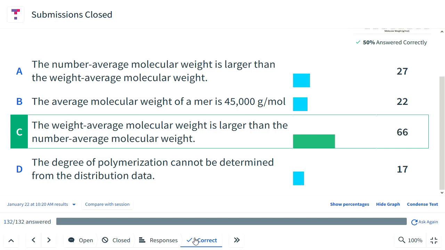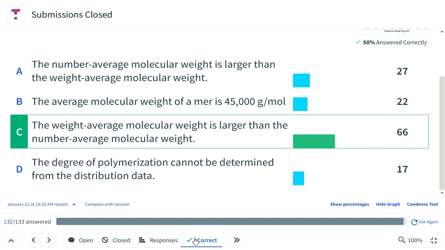The average molecular weight, about the same amount, just a little less, says that the average is 45,000 grams per mole. So presumably you looked at the peak of the Gaussian distribution, or the log normal, and said it looks like that could be the average. You probably relied on some math skills you've developed over the years and made an educated guess. That's not unreasonable, but that's not the definition.